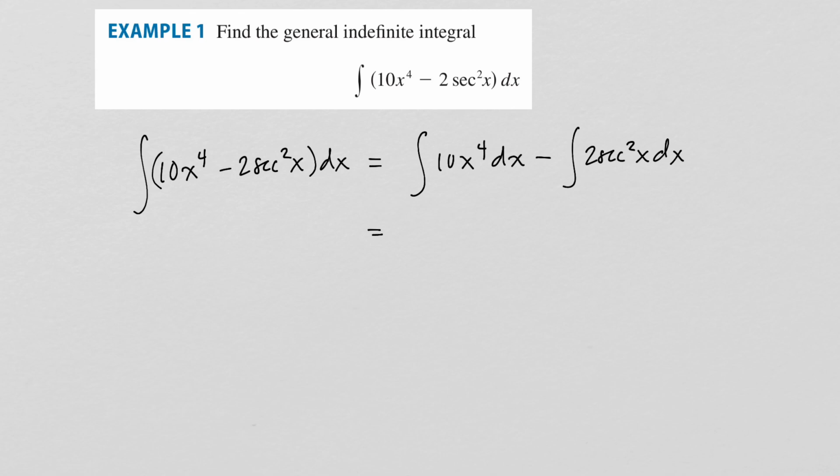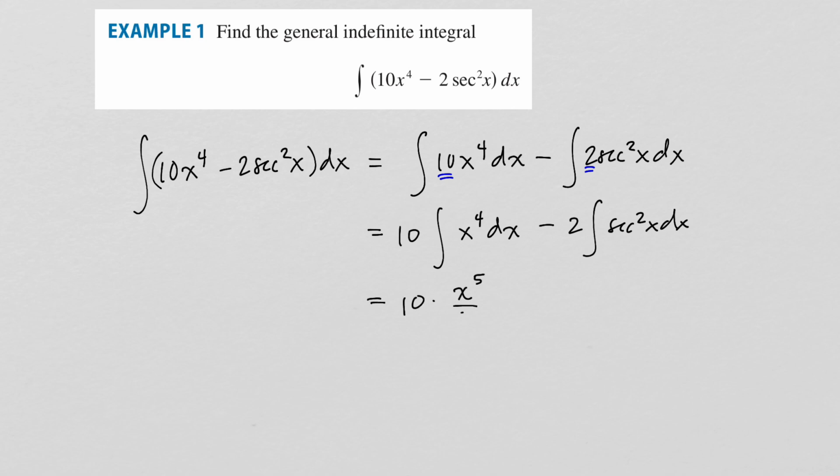Additionally, numbers can be factored out of their respective integrals, so this becomes 10 times the integral of x to the fourth dx minus 2 times the integral of secant squared of x dx. And then from here, we are simply finding antiderivatives of these functions. And so for x to the fourth, the antiderivative is x to the fifth divided by 5.